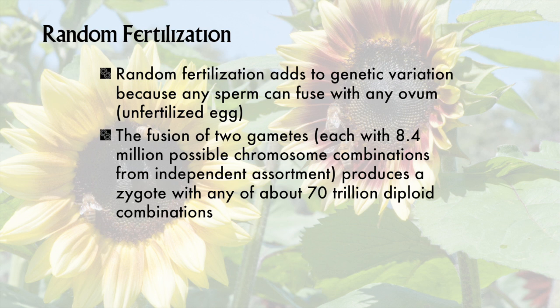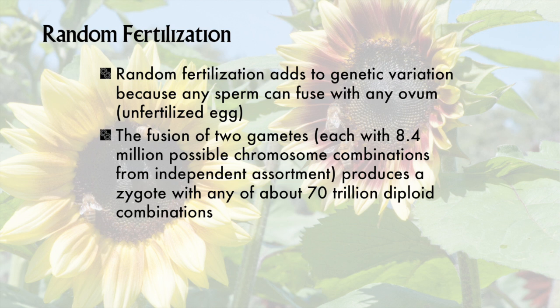Random fertilization increases the odds of having 2 identical outcomes even more, because any given sperm produced from 8.2 million different combinations fuses with a particular egg produced from 8.2 million different combinations. Again, this doesn't even include crossing over, and already the likelihood of having 2 of the exact same outcomes is 1 in 70 trillion.